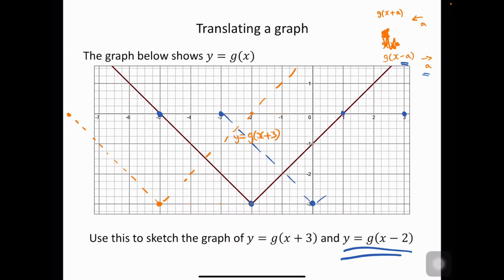We maintain this V shape, which has gradients -1 and 1. So this will go something like this. Let's label it as well: y equals g of x take away 2.